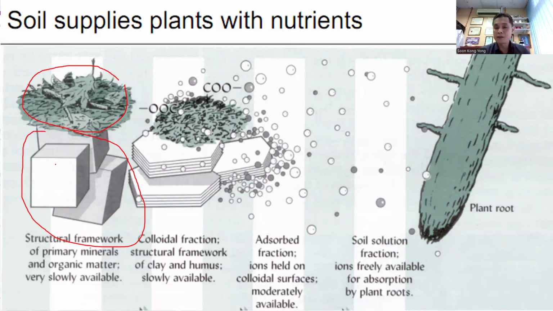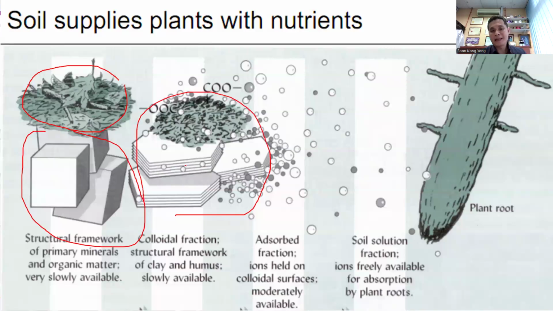It breaks down the rocks into smaller particles, releasing the clay particles that may contain elements that are essential for plant growth. And not to forget, the organic matter may also contain elements that can be used later as nutrients by the plants. So they break down into smaller particles, as you can see right here.